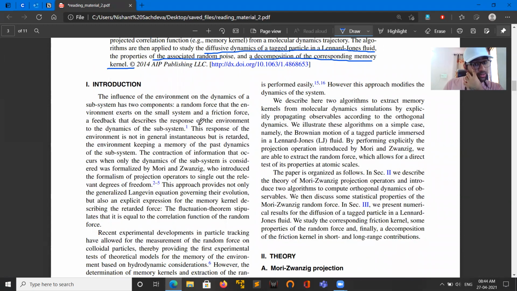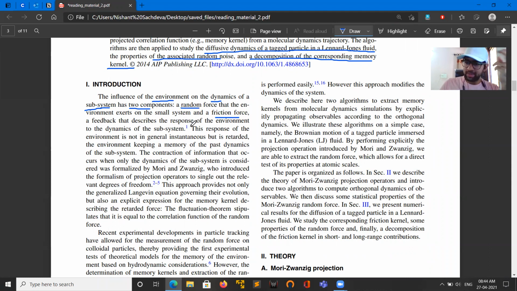What they're talking about is that every subsystem has an environment around it that influences it. Every subsystem has its functioning, its dynamics, etc. The environment around it influences it, and that influence has two components: a random force that can be exerted by the environment on a small system, and a friction force.